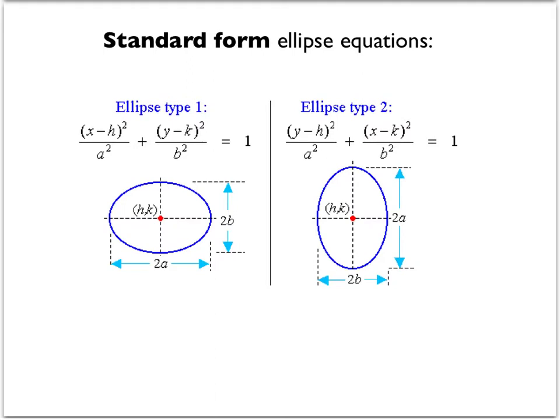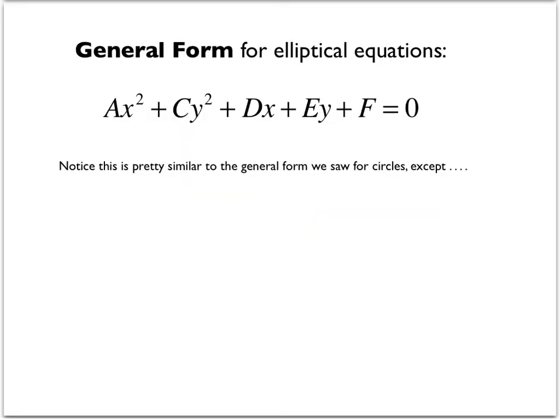On the other hand, over here, when we have the vertically oriented ellipse, notice that the A squared is underneath the y term. So that's a key thing. And notice the difference between this and the circles is that we like to have these equal 1. So this is the standard form that we'll be trying to get ellipses in this lesson.